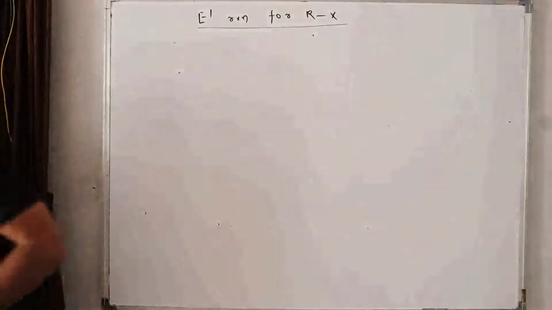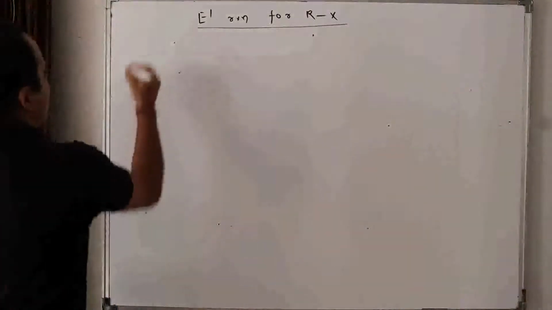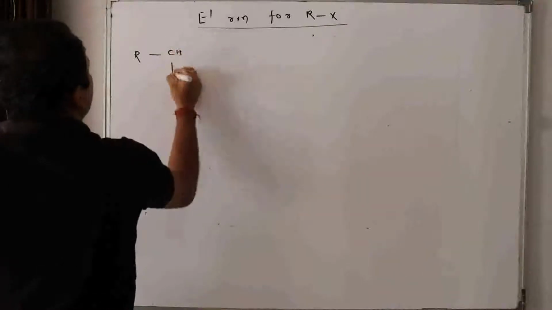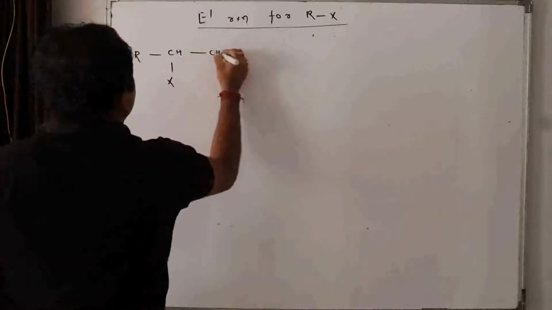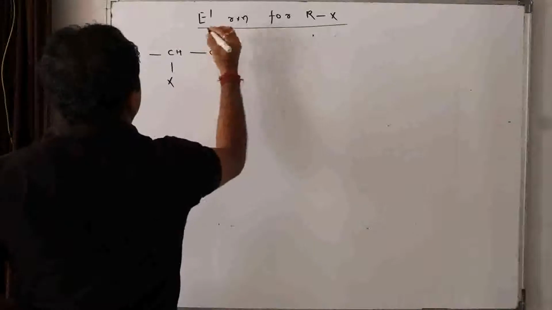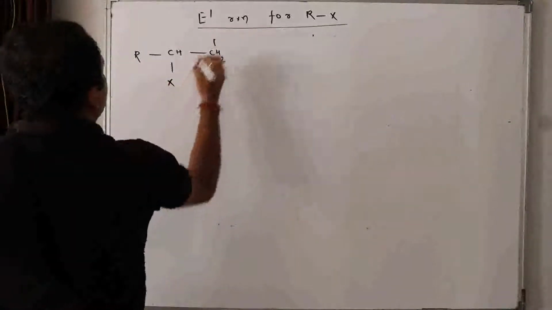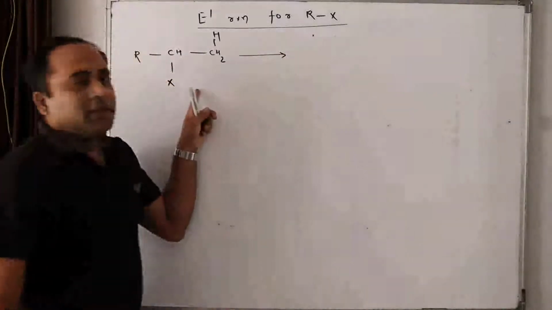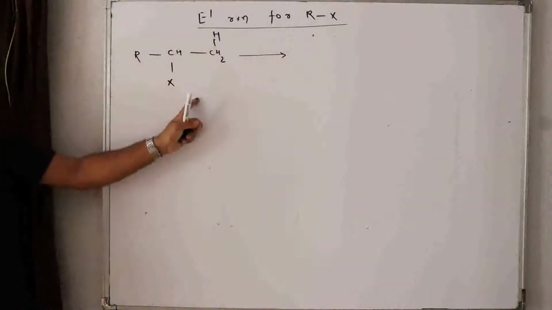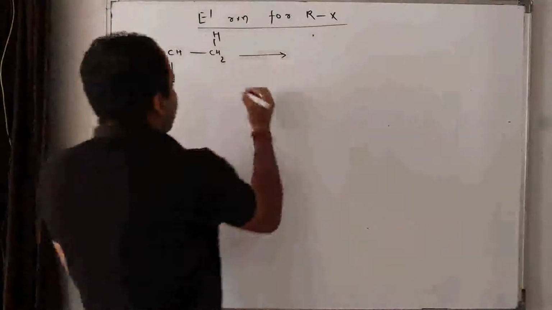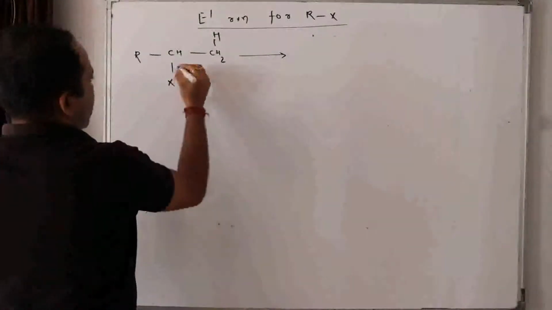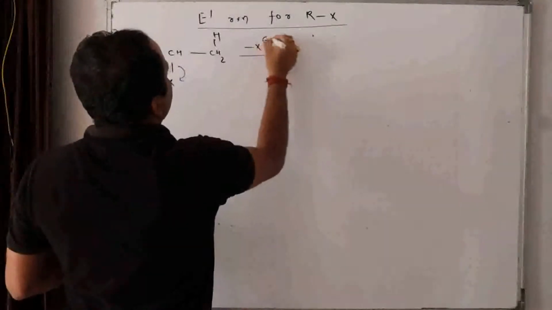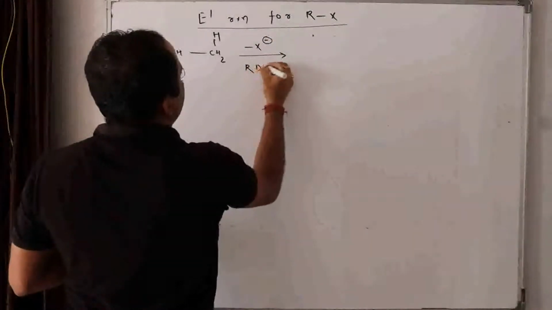What is this? Look here. RCH(X)CH2... This is the reagent I have taken. In this, what will happen? In the first step, X is removed as X minus, and this is the RDS step.